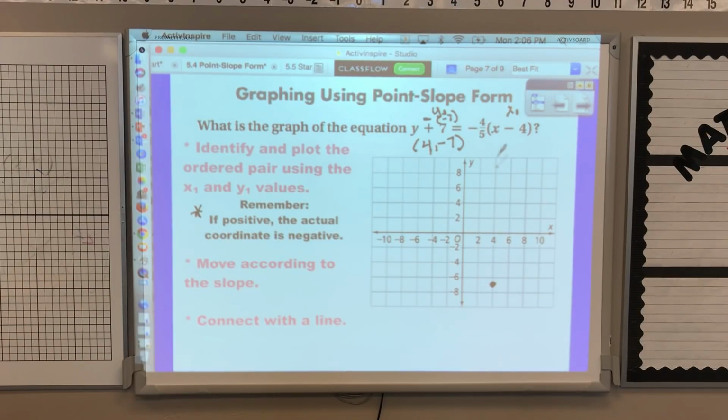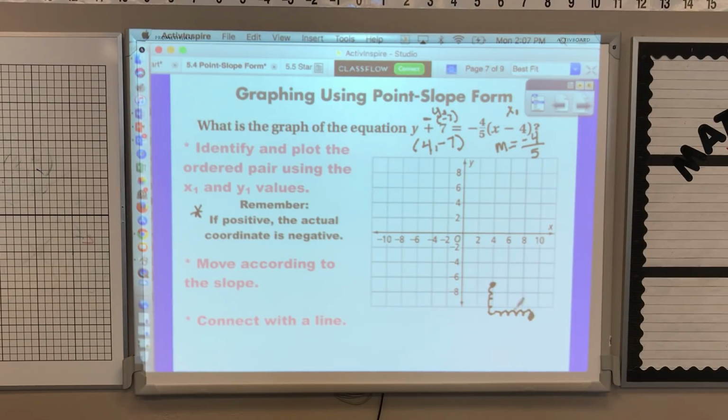Okay, negative 4 fifths. Which means my rise is negative 4 and my run is 5. So if I have to go down 4, notice here's down 1, 2, 3, and 4 would be halfway to another one. Okay, over 5, notice this is going by 2s. So 1, 2, 3, 4, 5.